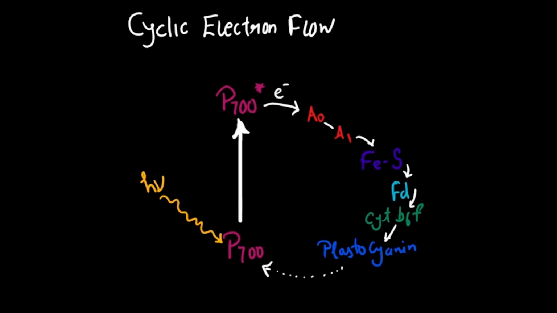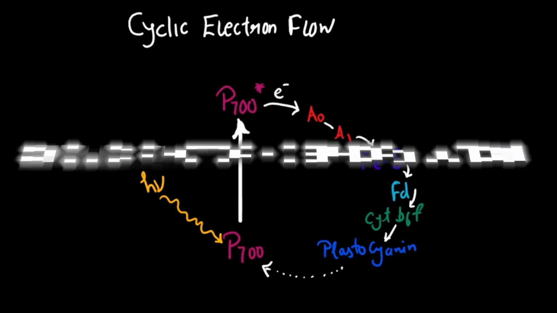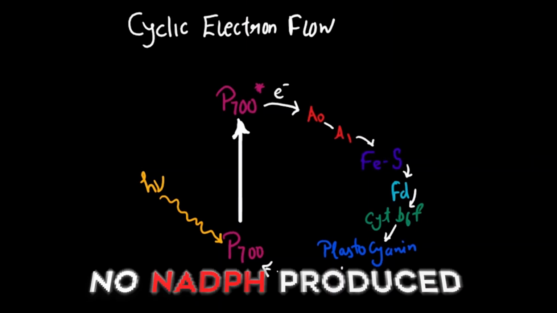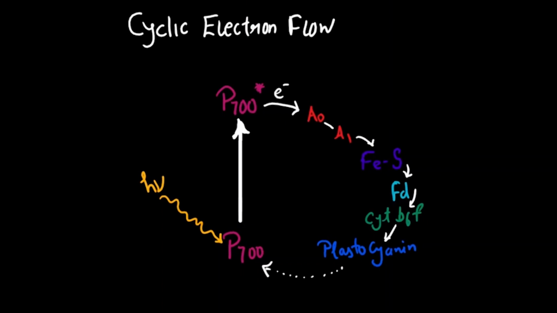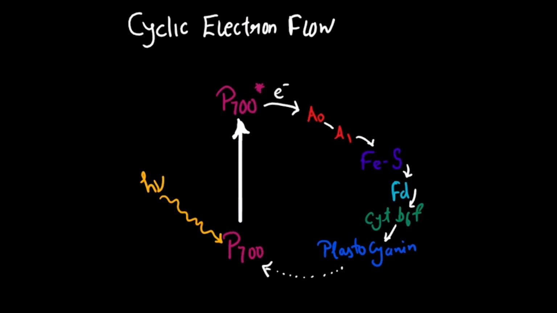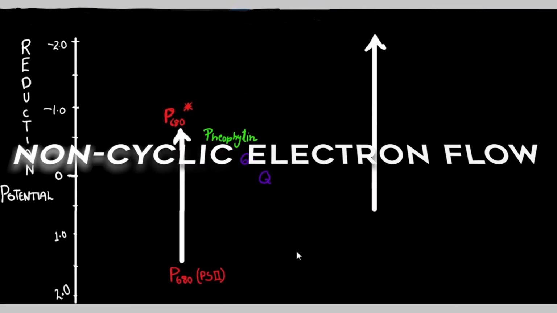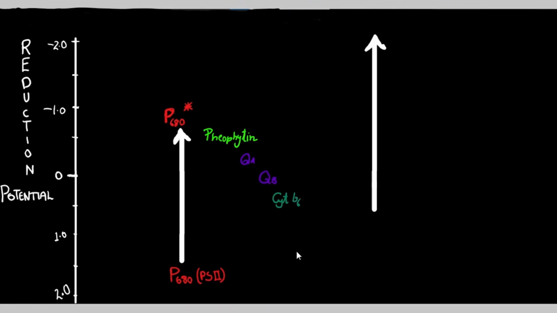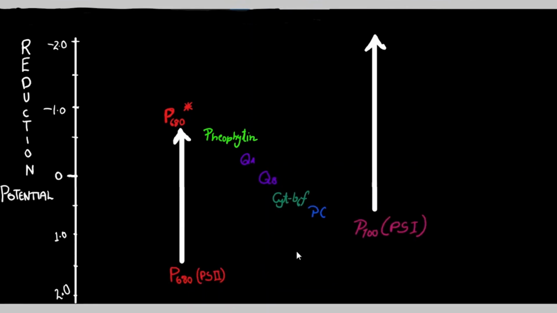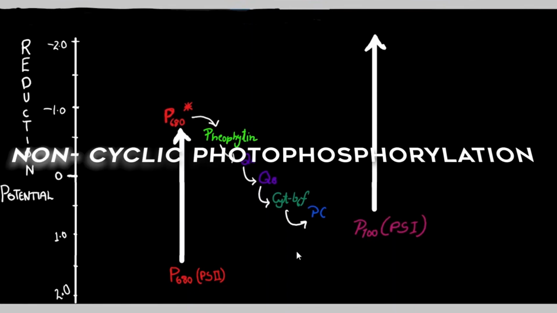The cyclic electron flow is also known as cyclic photophosphorylation. There is no production of NADPH and no release of oxygen in cyclic electron flow. On the other hand, in non-cyclic electron flow, there is involvement of both photosystems, photosystem 1 and photosystem 2. This is also known as non-cyclic photophosphorylation.